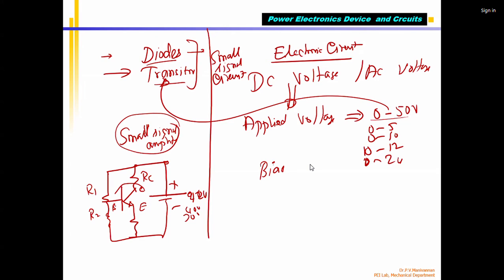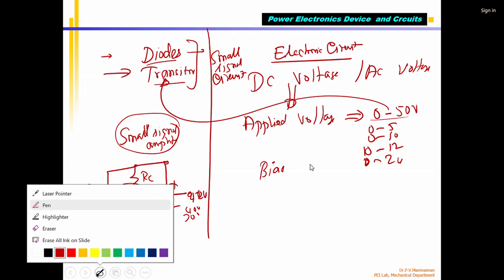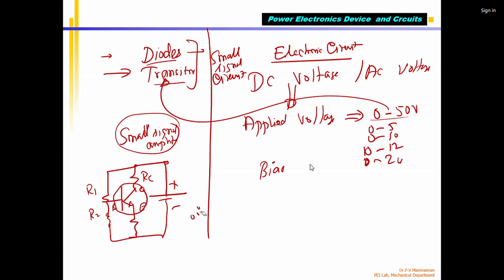We are using a transistor. What should be the VCC of this transistor? Anybody? I will tell you one thing, then somebody can answer. For example, this is 24 volts. This is a transistor, say BC108. What should be the VCC?